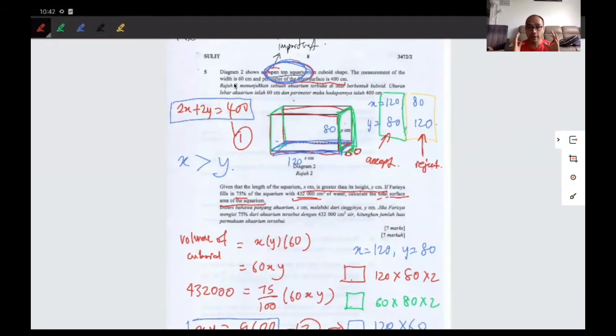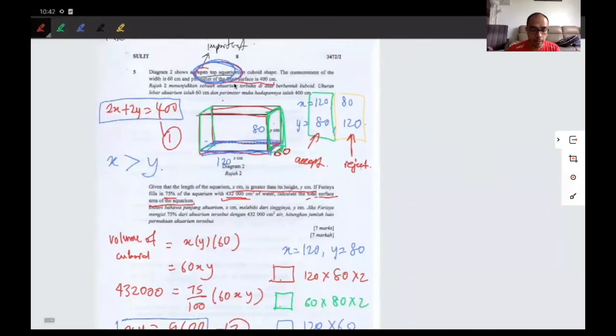So be very careful when it comes to simultaneous equations, especially when you have to choose between one set. Read the question properly, take some time, understand the question, and set it in your mind, oh okay, the value of x must be bigger than y. Therefore, the yellow set, yang warna kuning itu, saya tidak boleh terima because tidak memenuhi kehendak soalan.